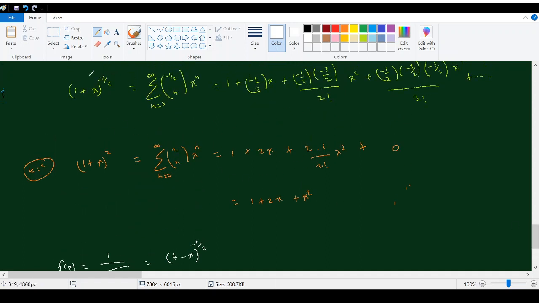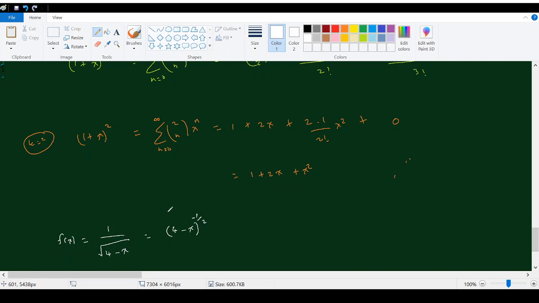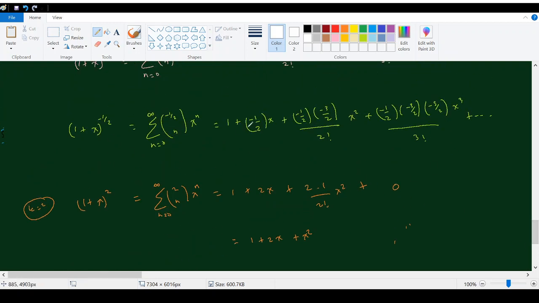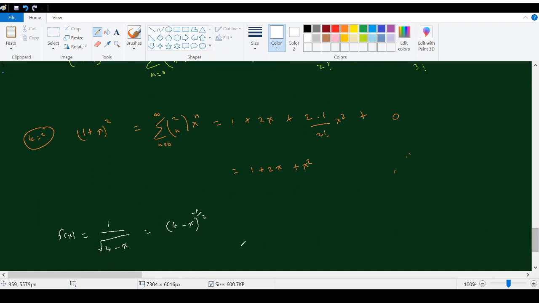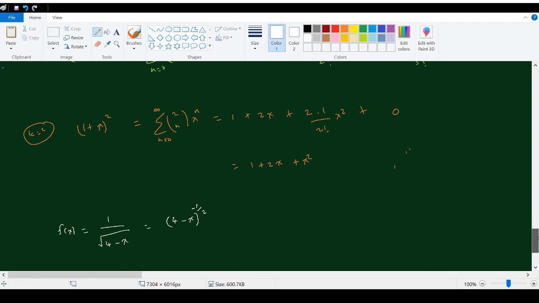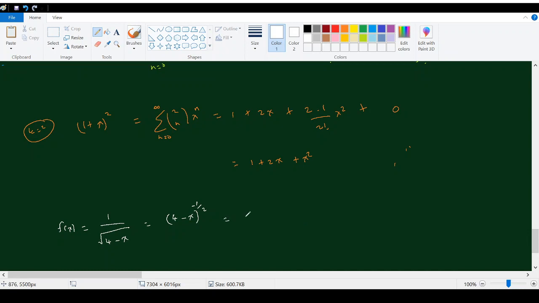Now, see, if it is (1 plus x) to the power negative half, we have this expansion. But the thing is, now you have this one. So, first of all, in order to write the binomial expansion, you will need to convert this function into the required format. So, accordingly, we can rewrite it like this, right?